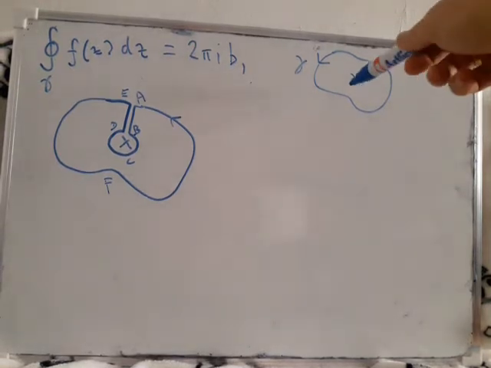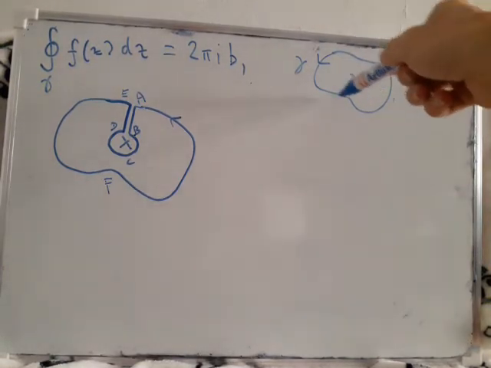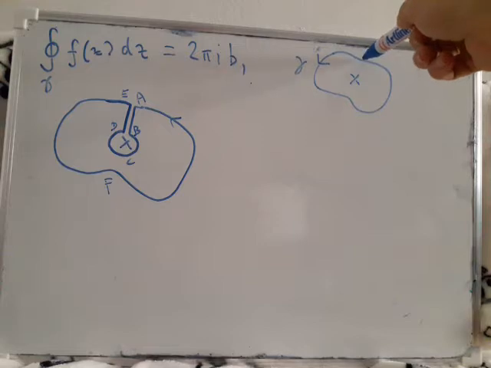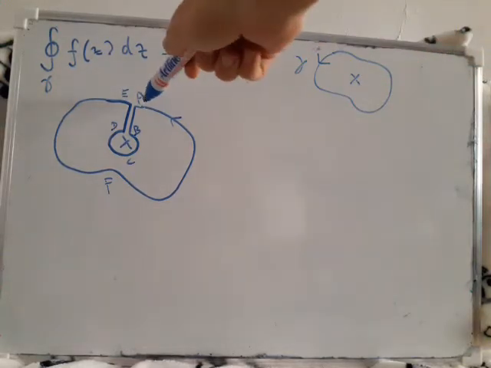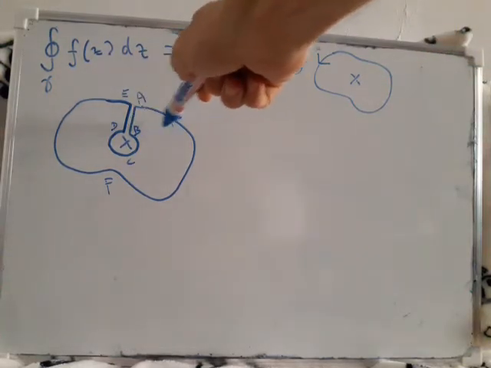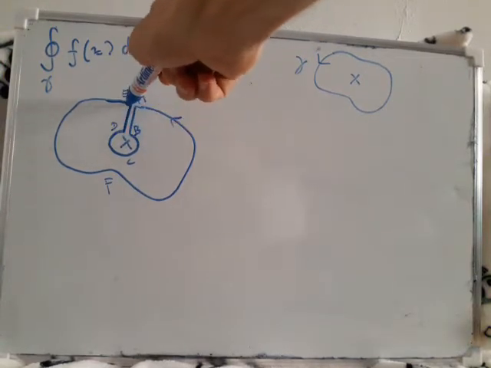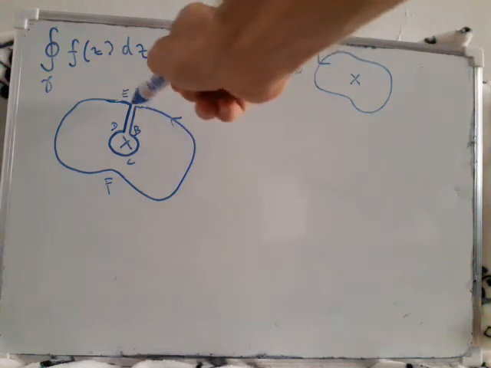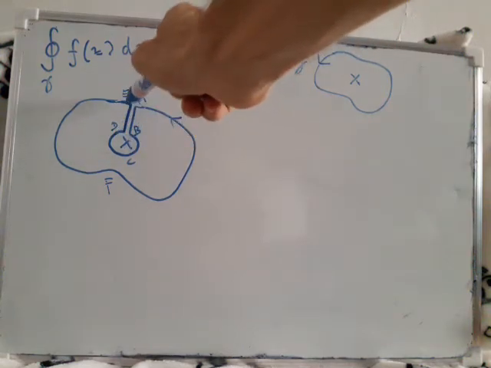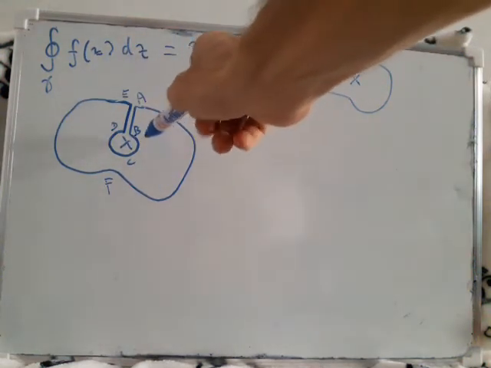So what we're going to do is, rather than consider this integral here, which we don't know what the answer is to, we're going to consider this contour here. Now we know by Cauchy's theorem that since with this contour we're neatly avoiding the singularity, it's still a simple closed curve.